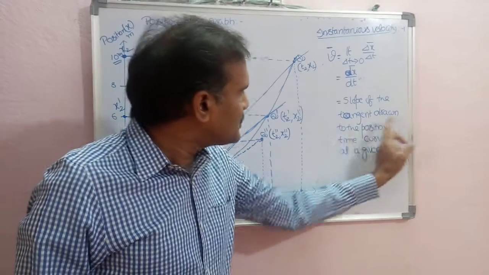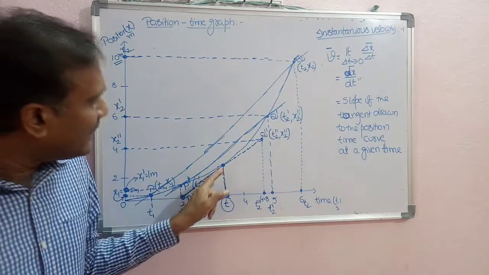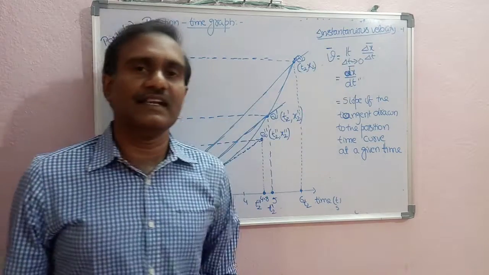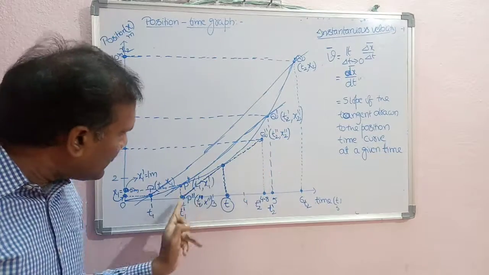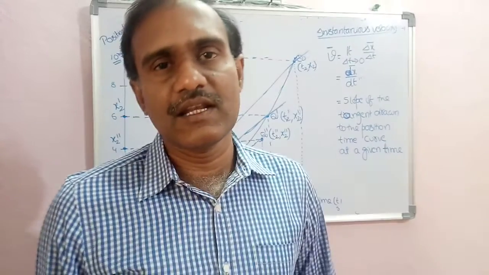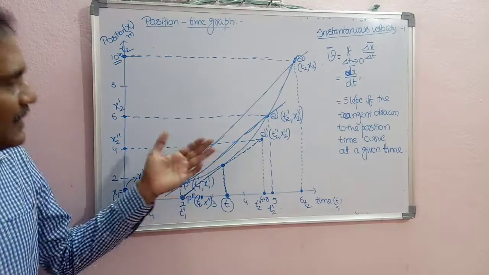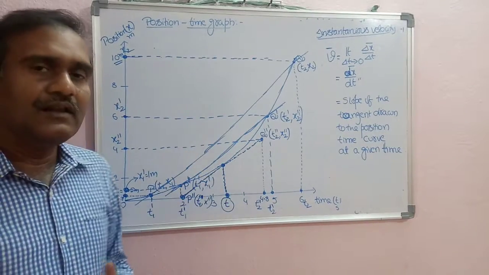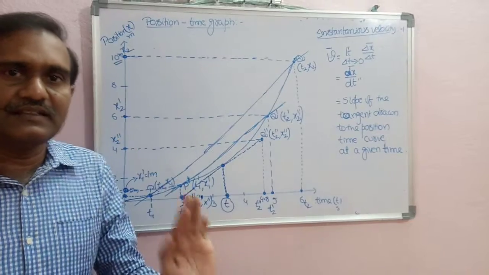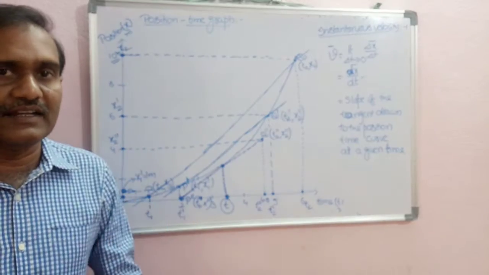Slope of the tangent drawn to the position time curve at a given time indicates instantaneous velocity, or its slope indicates instantaneous speed, because the particle is moving along the same straight line. Okay, I will give another example in order to explain average velocity, average speed, instantaneous velocity, and instantaneous speed.